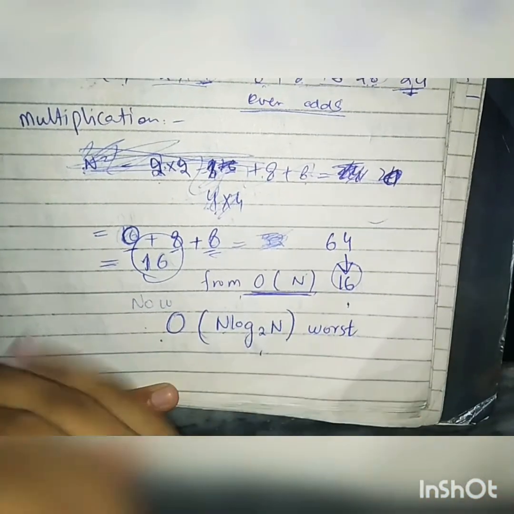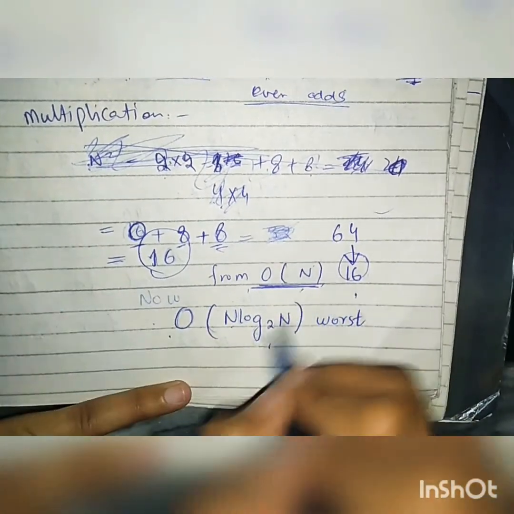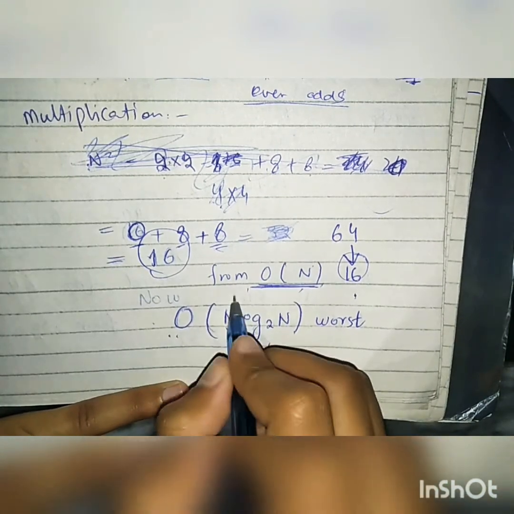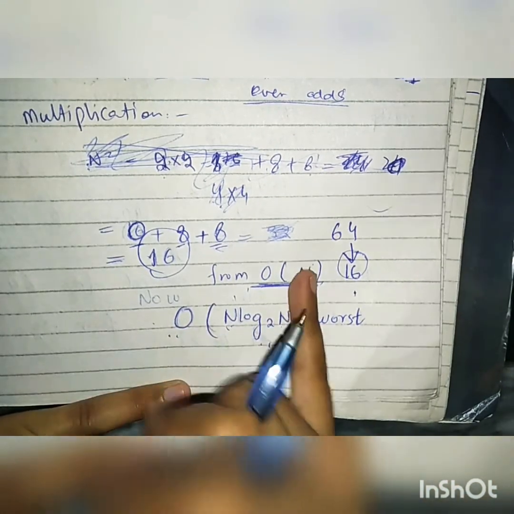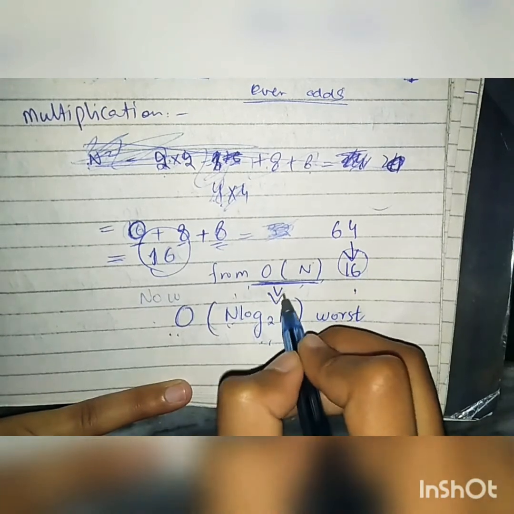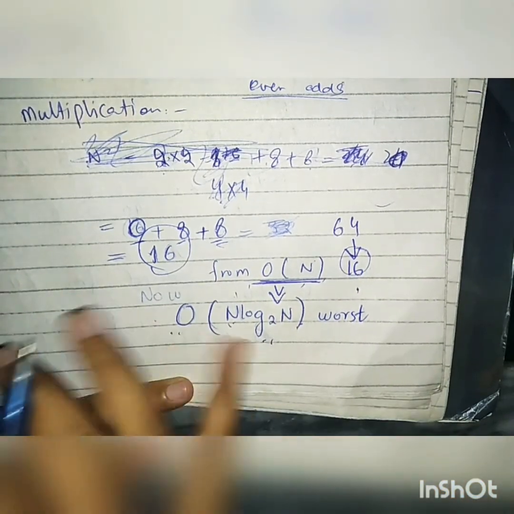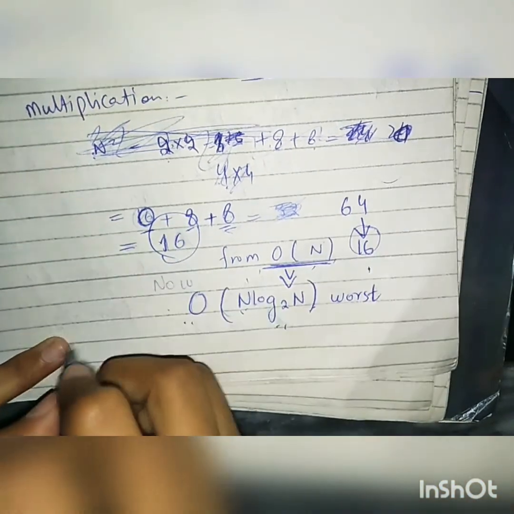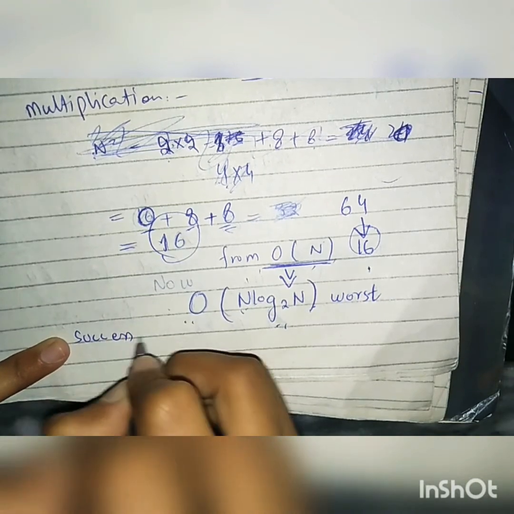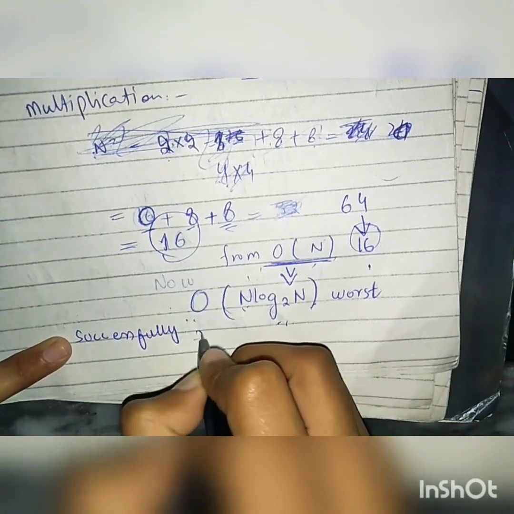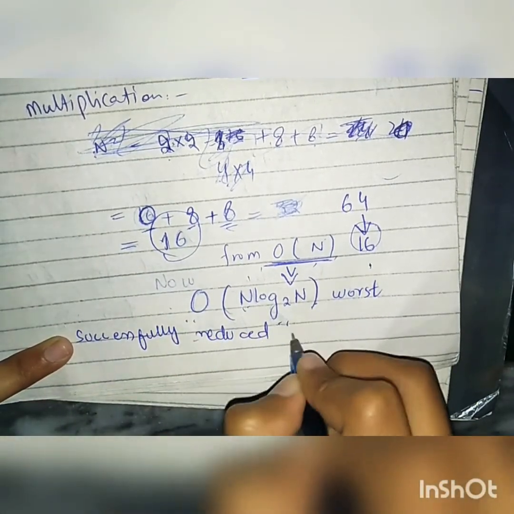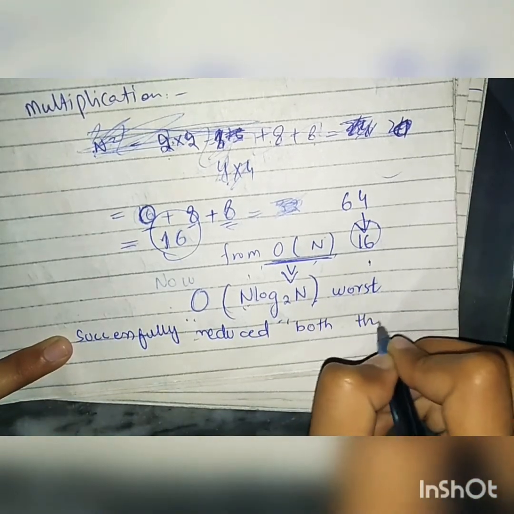First of all we had our worst case as n squared and now we have our worst case as n log 2 of n, and this value is much smaller than this value. So we have successfully reduced both the things.